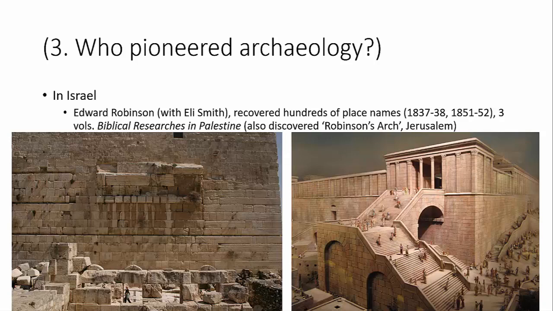You can see it in the picture on the left. On the right, you see an artist's reconstruction. The protruding part would correspond to what's directly below the exposed pillars, the pillars that lead into something of a covered courtyard. Robinson's Arch bears the name of this archaeologist.